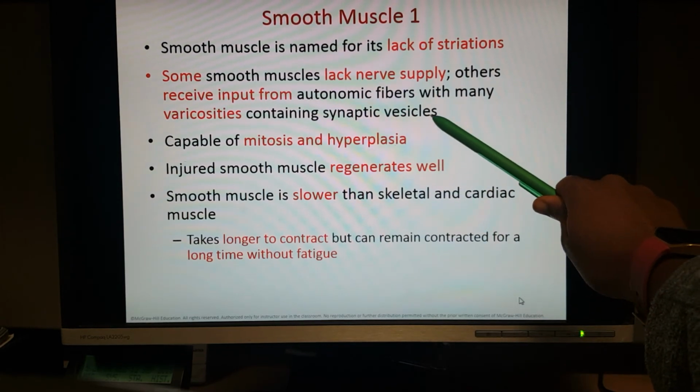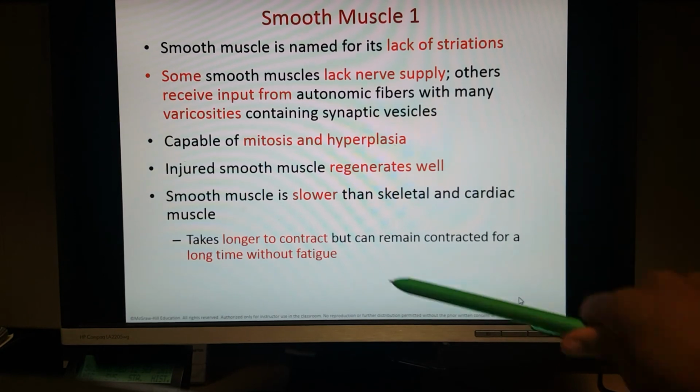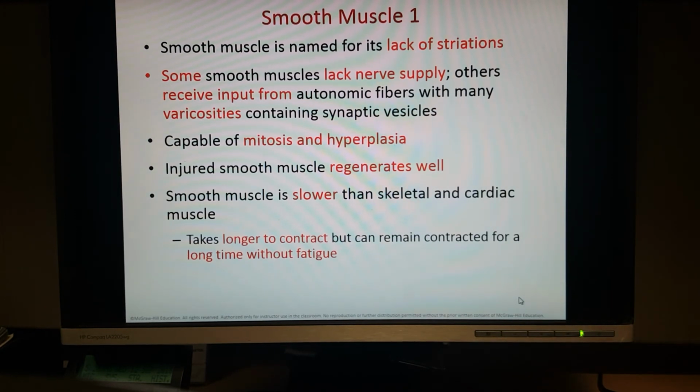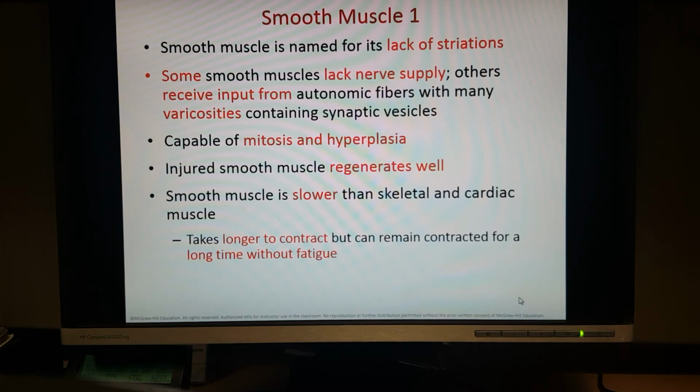It gets its signal from varicosities, I'll show you in a picture in a second, that contain synaptic vesicles, and they work like a sprayer on a farm field. Instead of being directly close to those receptors, it just sprays those ligands or chemical messengers across multiple cells, and then you just kind of cross your fingers that these cells get the signal to contract.